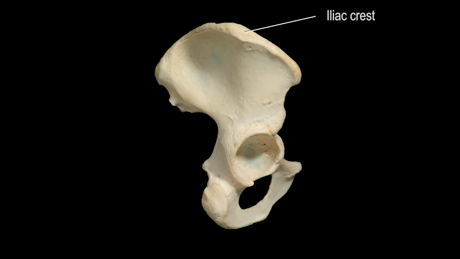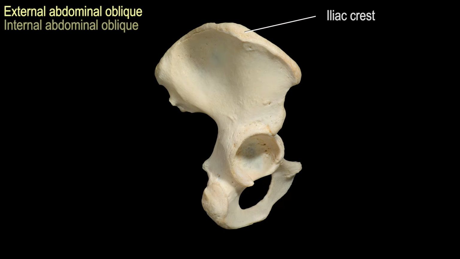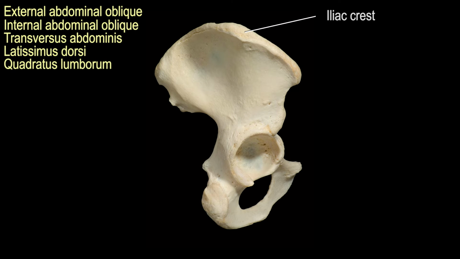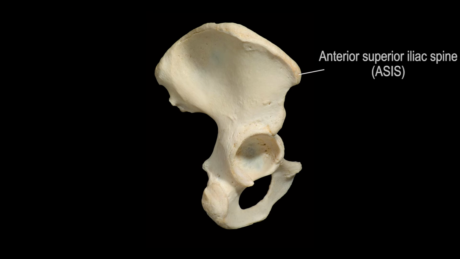A number of muscles attach onto the iliac crest, including the external abdominal oblique, internal abdominal oblique, transversus abdominis, latissimus dorsi, and quadratus lumborum.